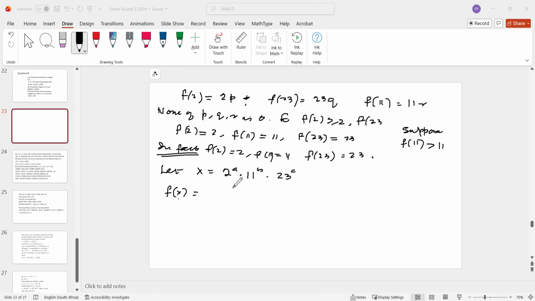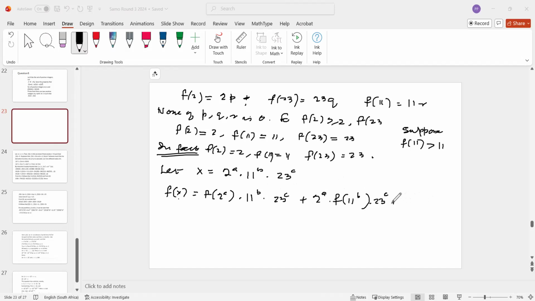Right? f of x is equal to f of 2 to the power of a times 11 to the b times 23 to the power of c. We've seen this. Again, it's f of a product of three numbers. I can put 2 to the a here, and now I can put f of 11 to the power of b here, and I've got 23 to the power of c.